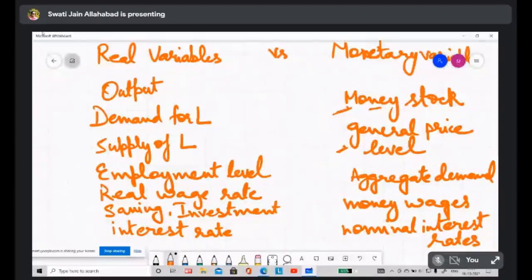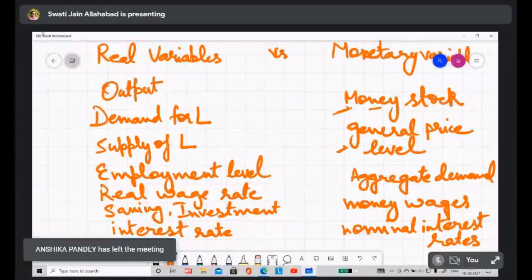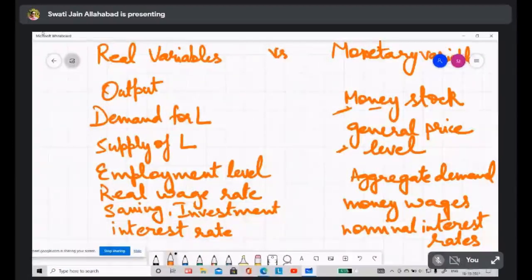So there is no relationship between the monetary variables and real variables. Real variables are affected by real variables only. How does output change in the economy? Output will change when you change the level of employment. Otherwise, there is no change in the output. How does employment change? If you change the level of output, employment will change. How will demand for labor or demand for goods and services change?